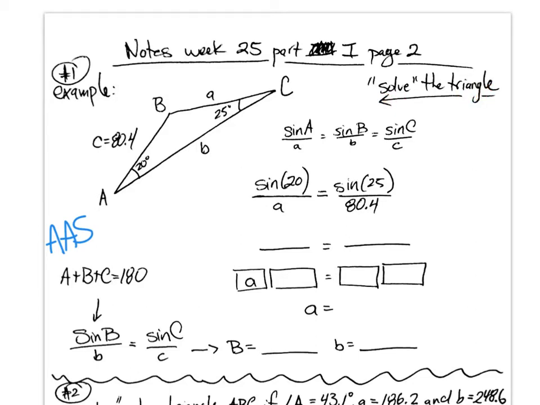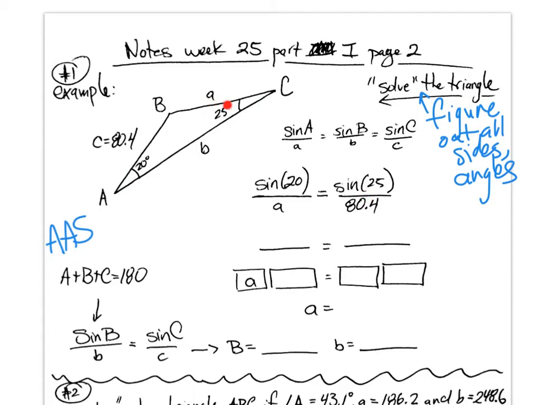So what this means is figure out all sides and angles. 6 pieces of information. So substituting in what we know, here's angle C, so we know this is side C. So we can say side C is 80.4. Angle C is 25 degrees.